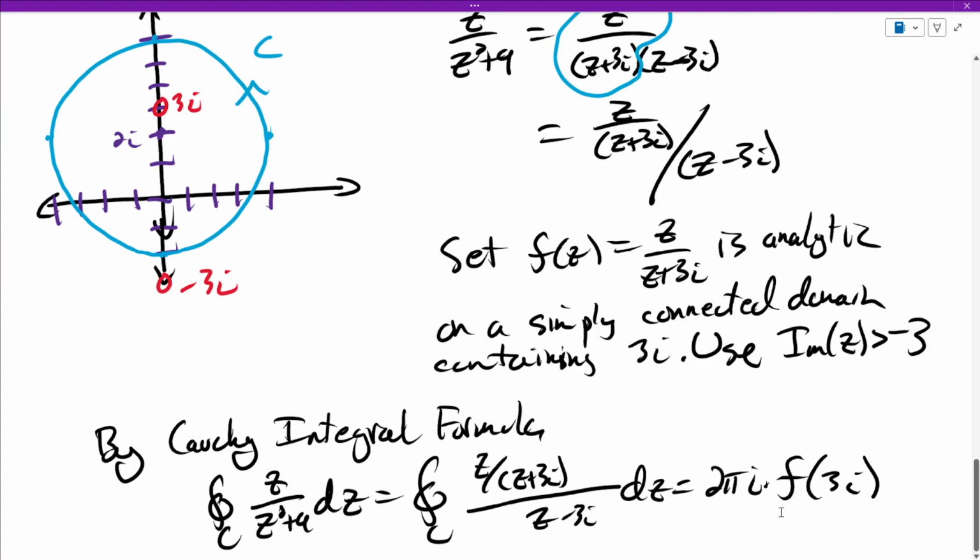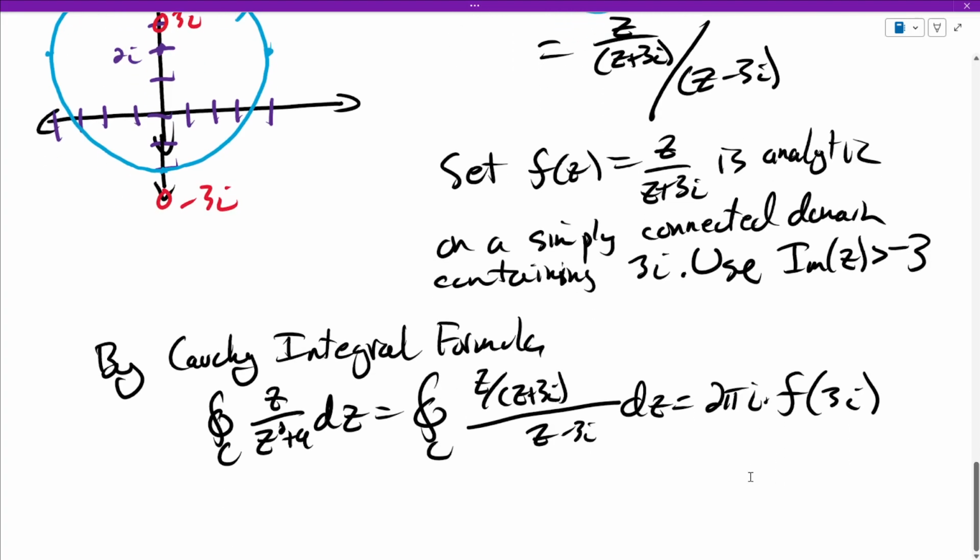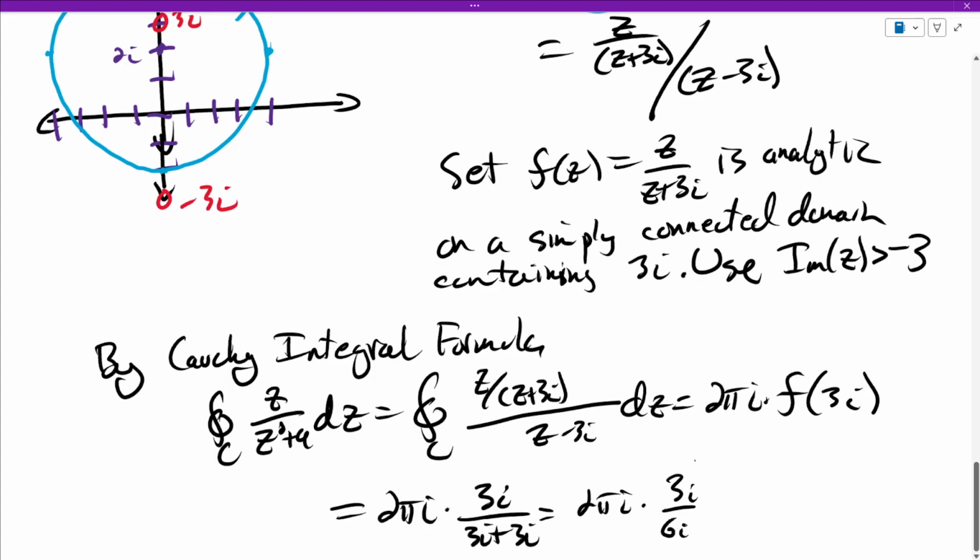So that's 2 pi i times f of 3i, which is 3i over 3i plus 3i, which is 2 pi i times 3i over 6i, which is a half. So we get pi i. If I did everything correctly. I make mistakes, but it seems right.